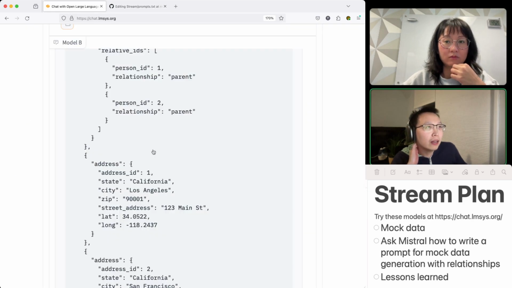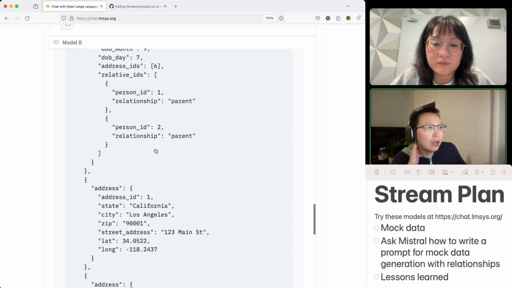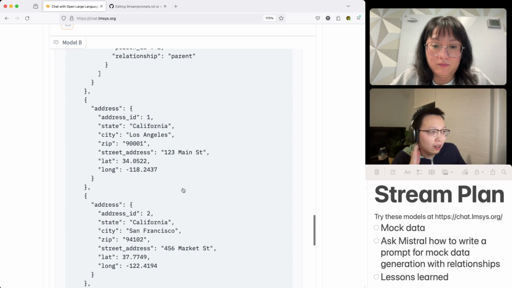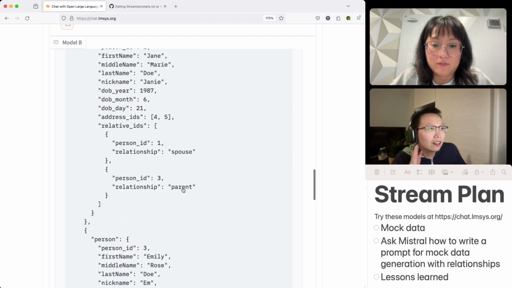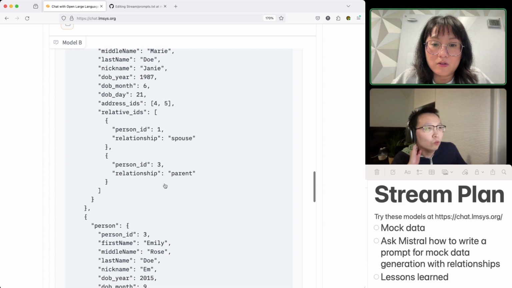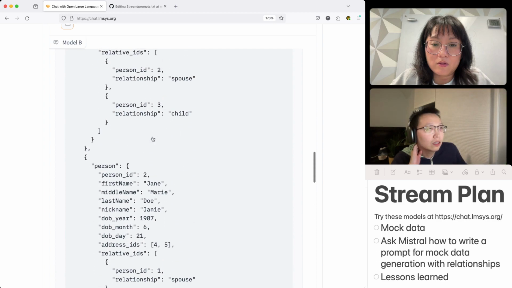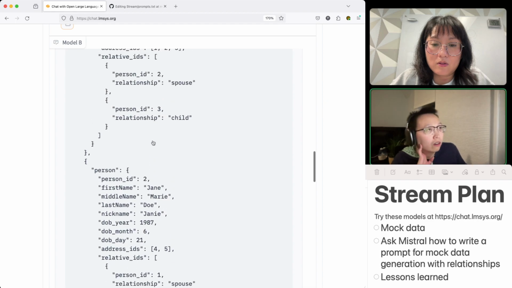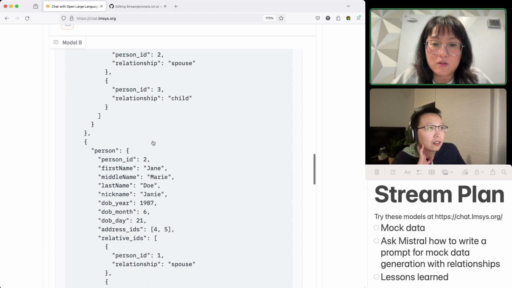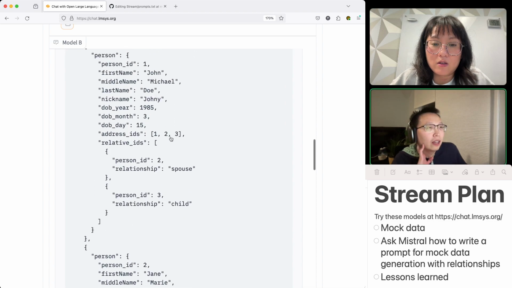It's able to do one and two, right, but it's not able to do two and three. One and two are fine, the spouse. But then relationship three, the person three.